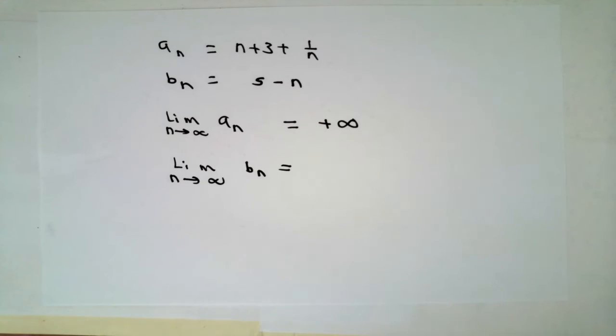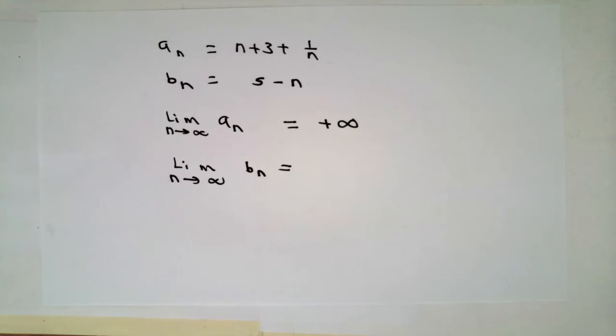Now, as far as the bn's go, imagine that n was 15. B number 15 is 5 minus 15, which is negative 10. Let n equal 105. B number 105 is 5 minus 105, which is negative 100. As far as the bn's go, 5 minus n will be negative when n is large enough, and by making n sufficiently large, you can make the bn as negative as you care to make it.